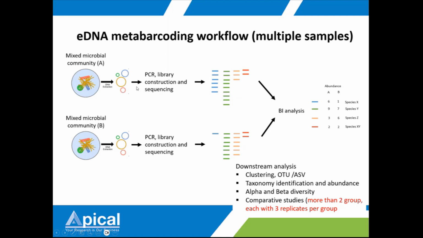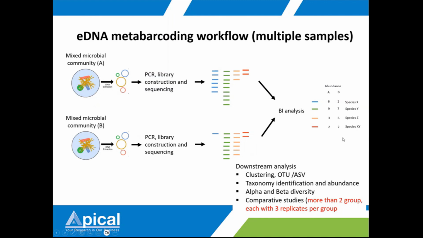You can process the samples as I explained earlier, and during the bioinformatic analysis we can combine the results and compare the abundance between these two time points. So you know what happened between these two time points, whether the species increased or reduced. It's something that you can look into and study.